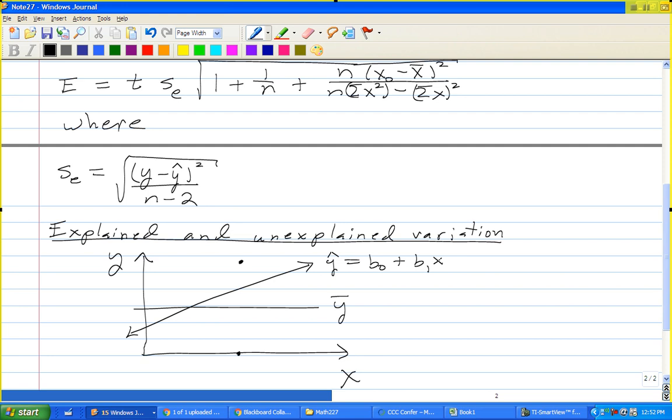Okay, so this distance here is the explained deviation.